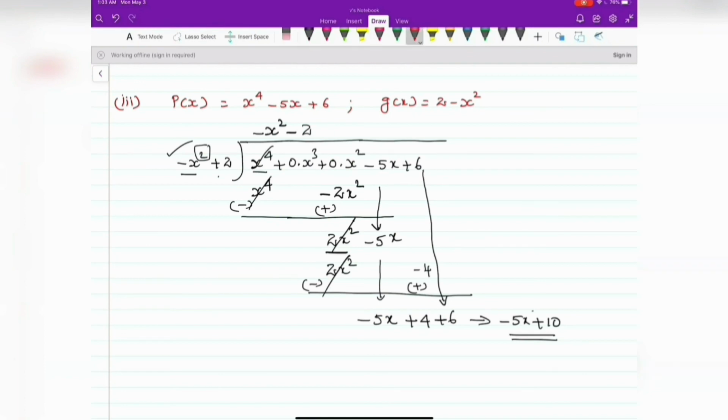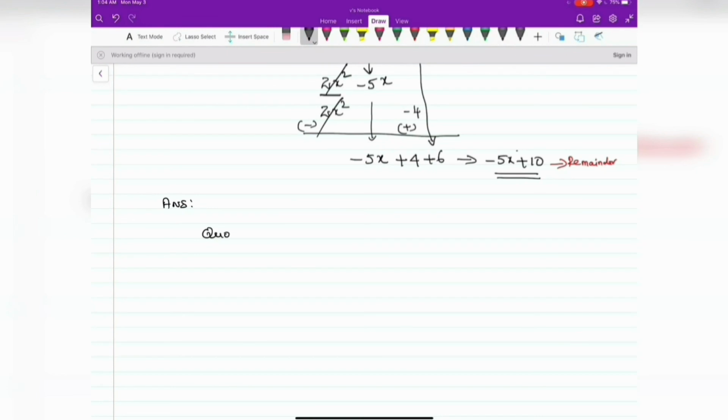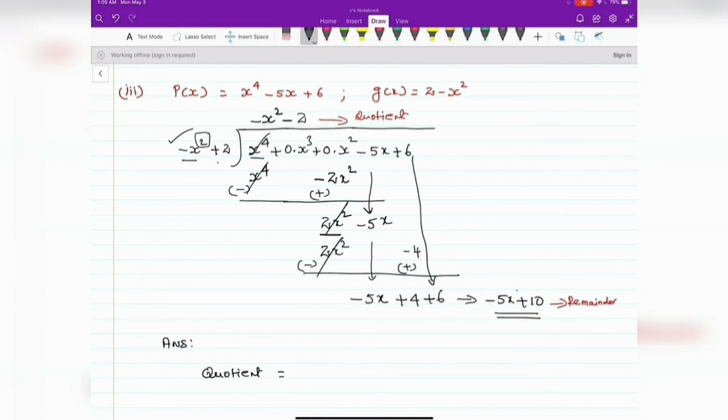Now I got minus x square minus 2 as quotient and minus 5x plus 10 as remainder. I have to conclude my answer. Quotient is equal to, I got it as minus x square minus 2.